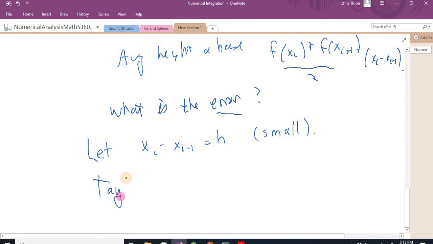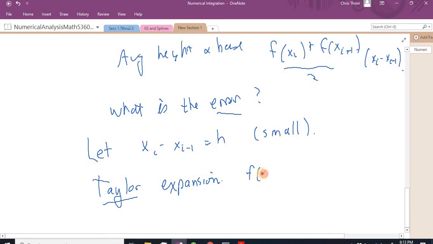I don't think he does it this way, but this is really the way that a numerical analyst would do this. So I can do the Taylor expansion. And the Taylor expansion I would get would be f of, and let me choose my point. Let's just choose xi minus 1 as my point of expansion.